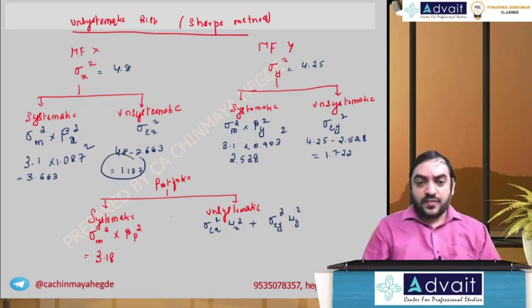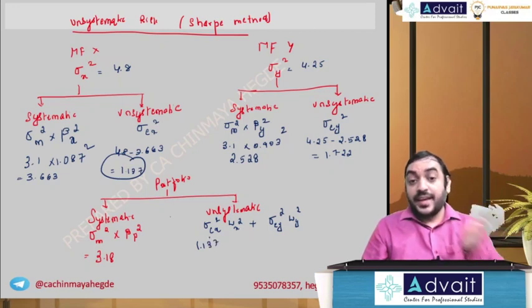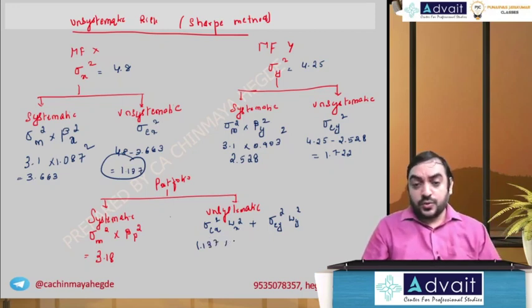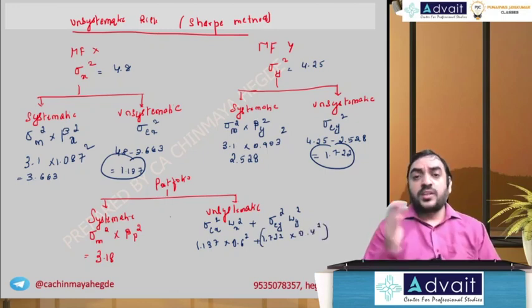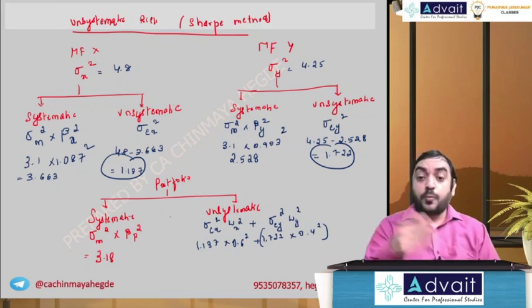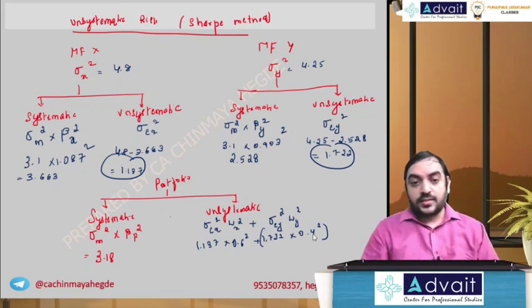That is, we have 1.137, that need not be squared, that is already square, but its weight must be squared, 0.6 square, plus sigma Ey square, that is 1.722, into wy square, that is 0.4 square. 1.722 need not be squared, but its weight 0.4 must be squared.